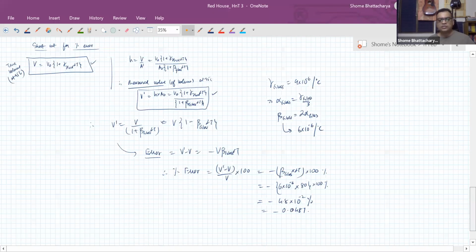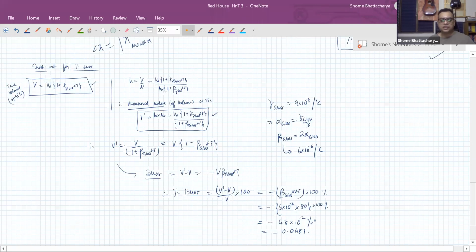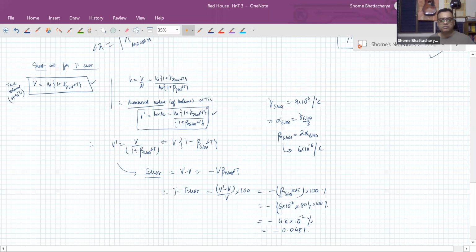So all that calculation was not necessary for percentage error. You can just see that the measured value of volume is actually the true value of volume divided by this factor. So this is the important term to understand. This measured value is the true value divided by that factor because the base area is increased.